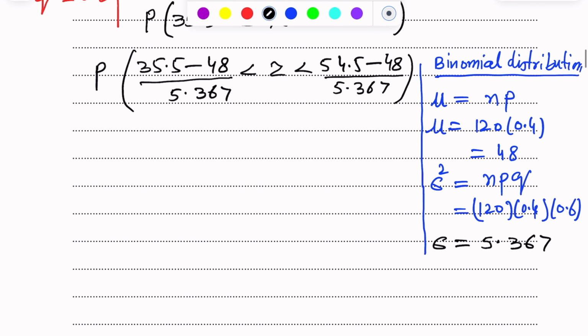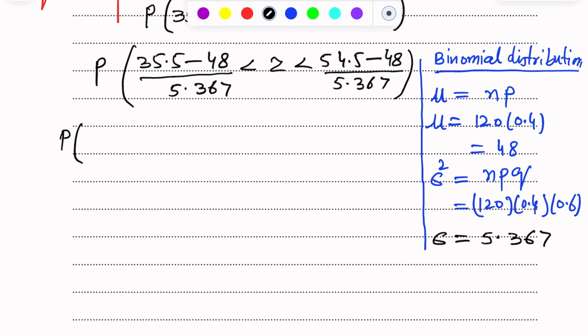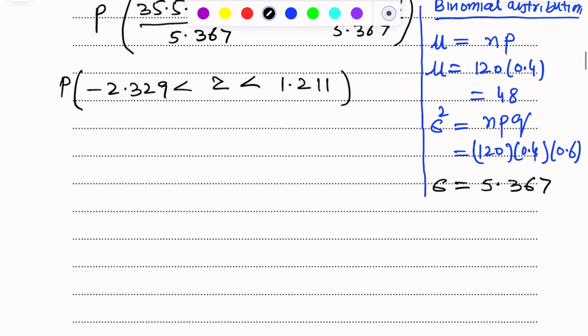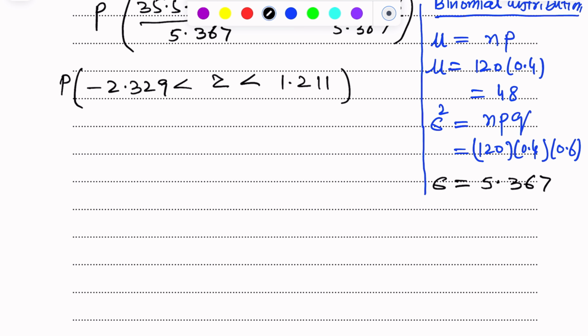Calculating the first, we get minus 2.329, and calculating the second, we get 1.211.